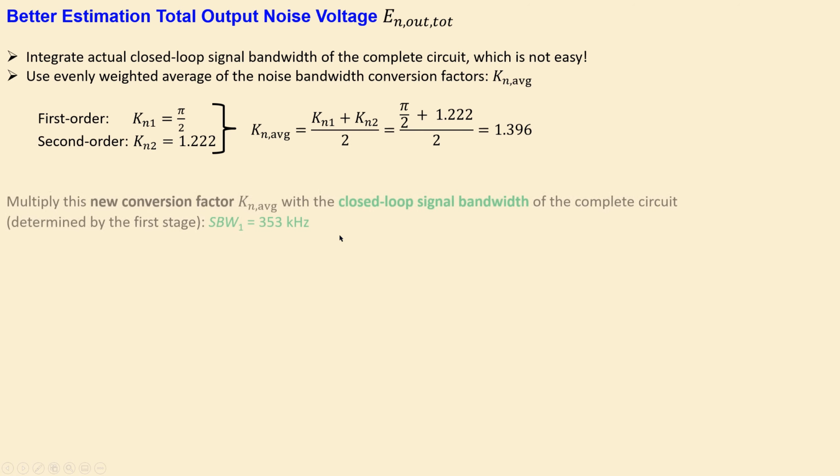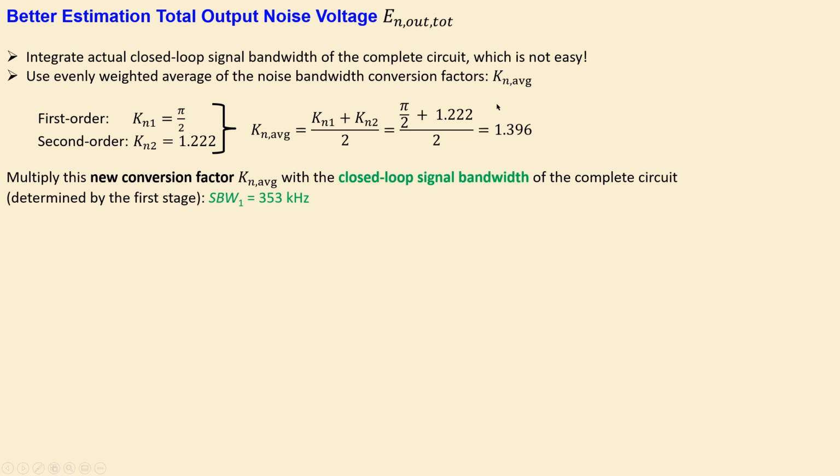Now, if I recalculate this using this conversion factor and then calculate the closed loop noise bandwidth. This is of course the signal bandwidth we will use for our complete circuit, because the first stage will dominate this.